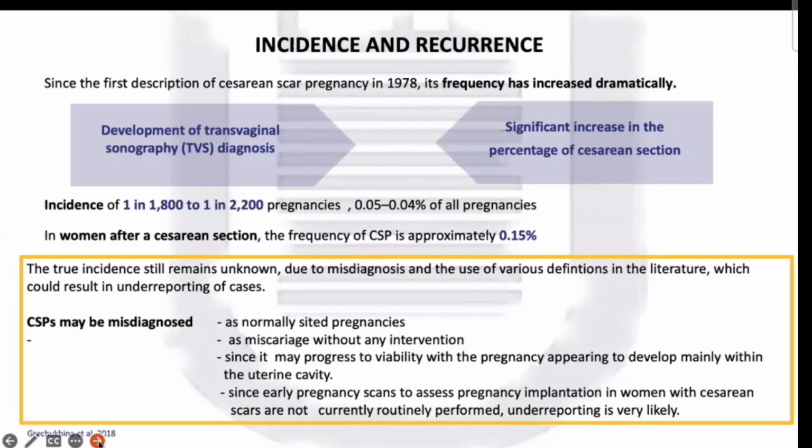This misdiagnosis and underestimation is because mostly these pregnancies were given as normal site pregnancy or miscarriage without intervention, or since sometimes this pregnancy progresses, it appears as the development of a normal uterine cavity pregnancy, and often the early pregnancy scan is not performed, and therefore the pregnancy implantation is not correctly detected and underreported.